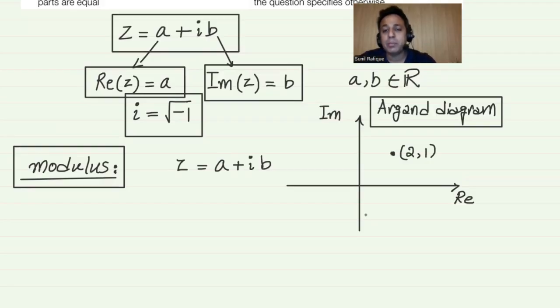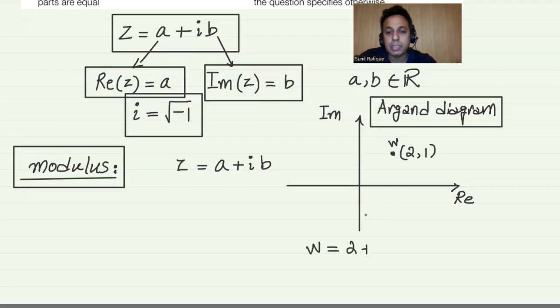This is a complex number where the real part is 2 and the imaginary part is 1. So if this is, let's say, the alphabet w, I can write w as 2 plus iota, since the imaginary part is just 1 and the real part is just 2.